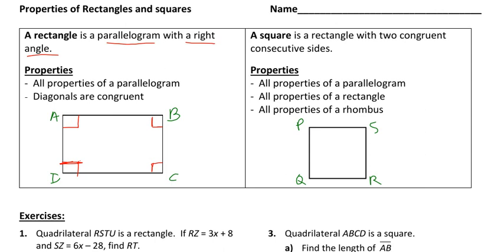So I'm going to draw diagonal DB and diagonal AC. Okay, so if AC is 10 centimeters, for example, then BD will also have to be 10 centimeters because the diagonals on a rectangle must be congruent.